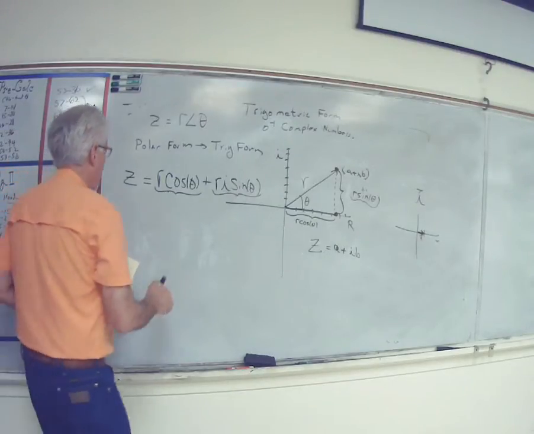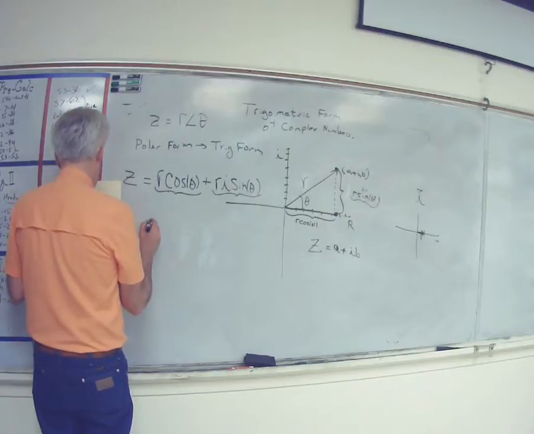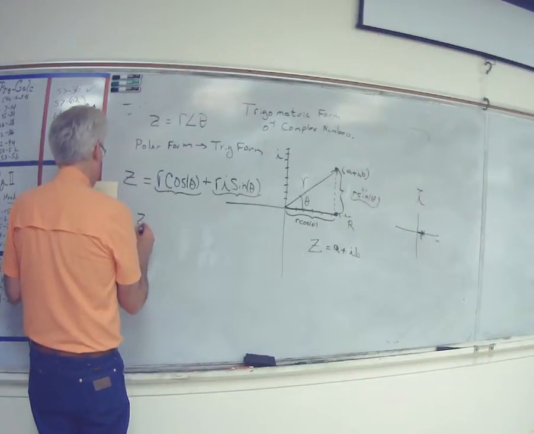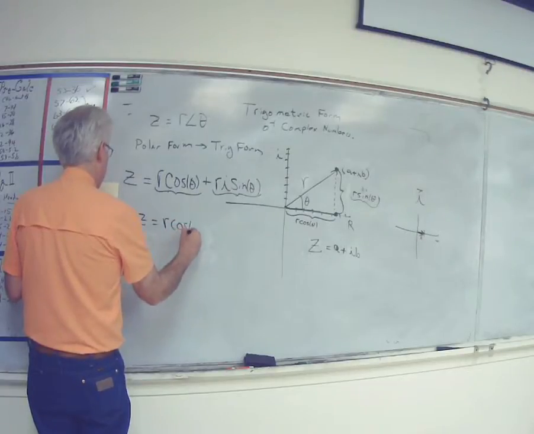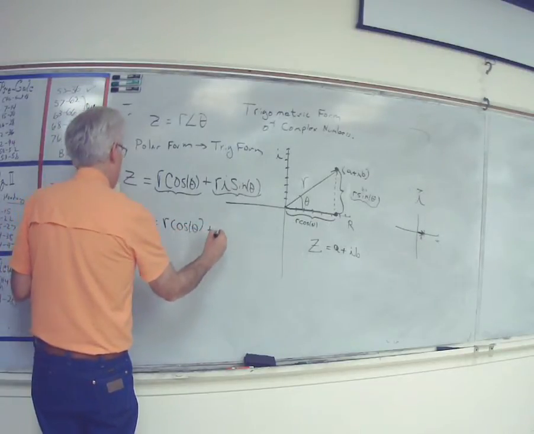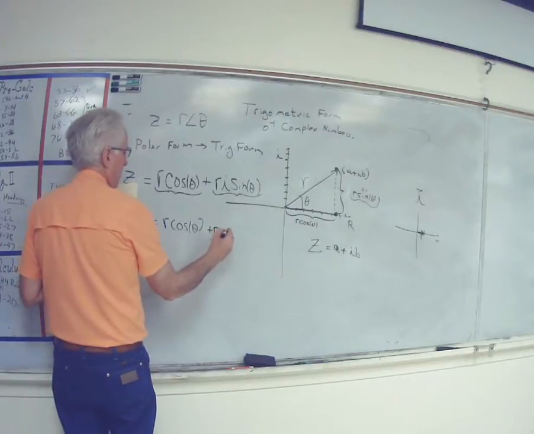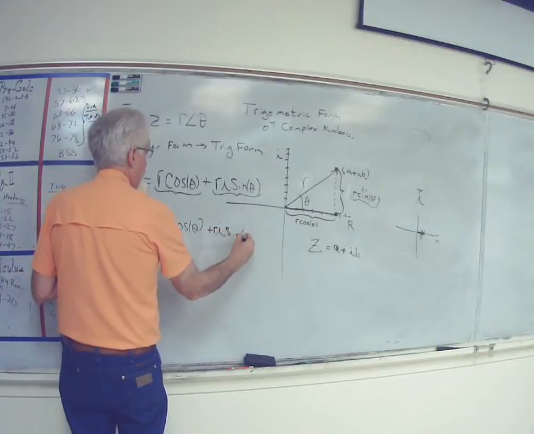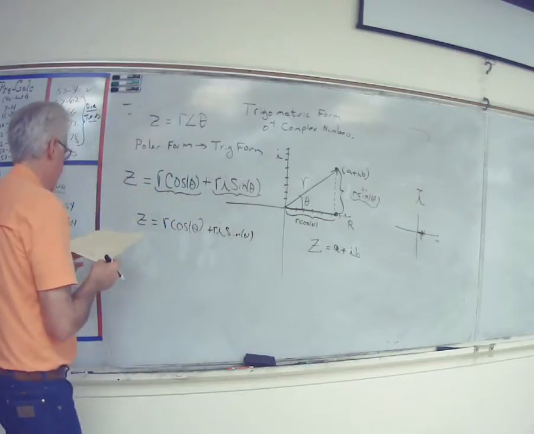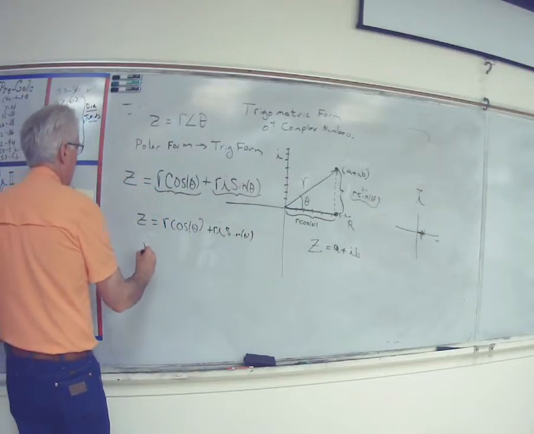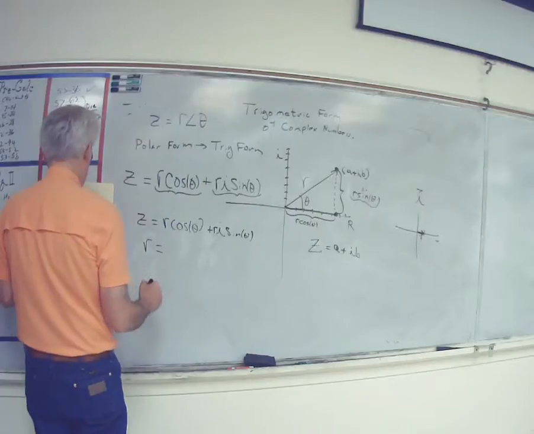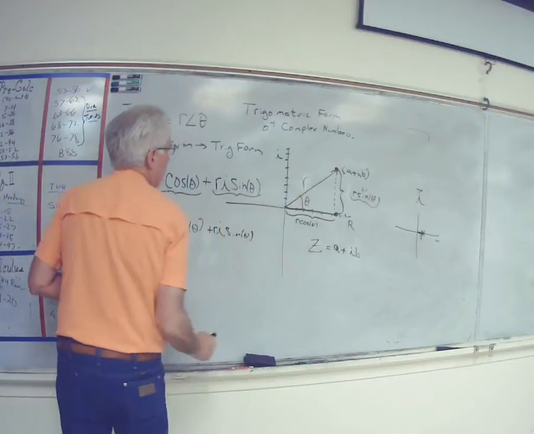Let's say we start here with Z equal to R cosine theta plus R I sine of theta. Now what is R going to be equal to if we look at this picture?